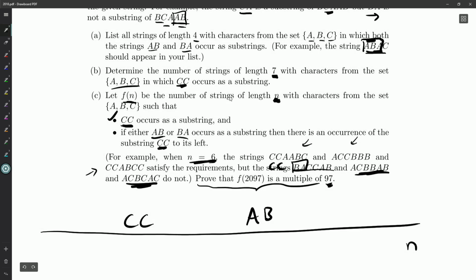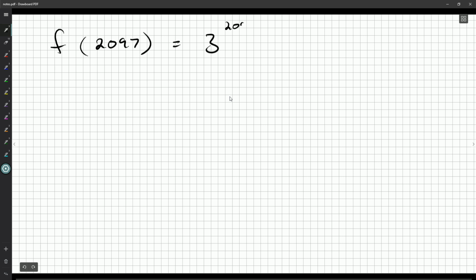All right, what was it? It was 2097 is a multiple of 97. Okay, well, 2097 going to be 3 to the 2097 minus 2 to the 2097.